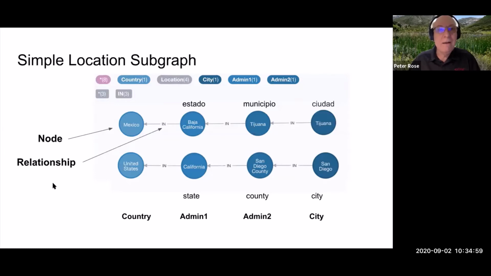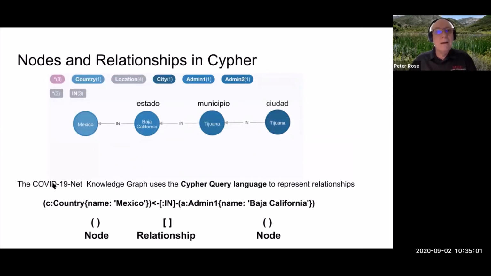Going to the next slide here, we need to represent those relationships in a computer. The way we do this in the knowledge graph is through a query language called Cypher, where we can type in those relationships. For example, to describe the country of Mexico, we would say country name Mexico.